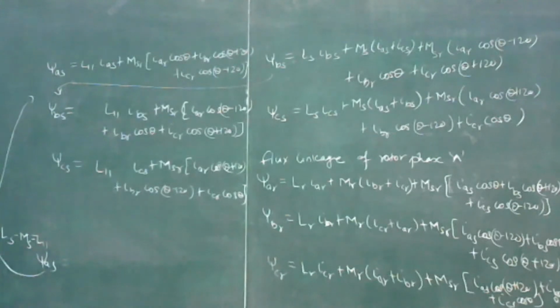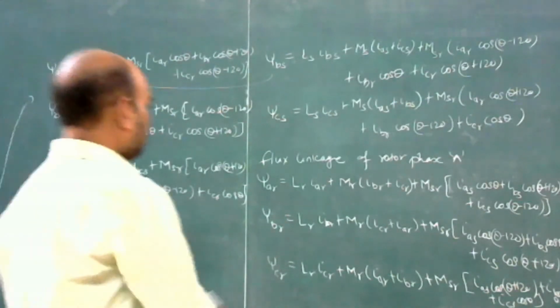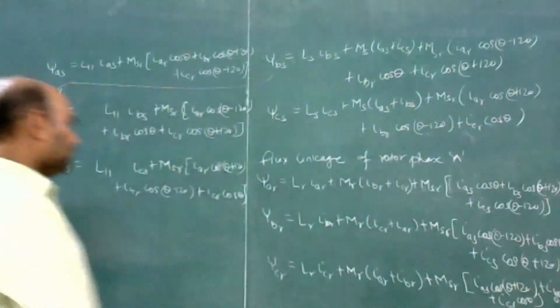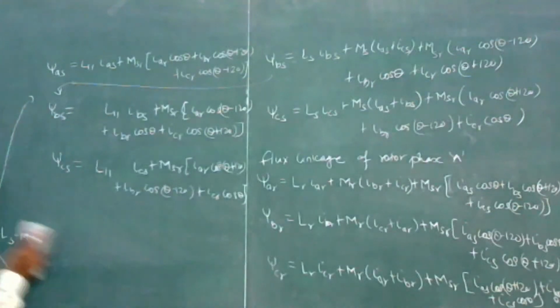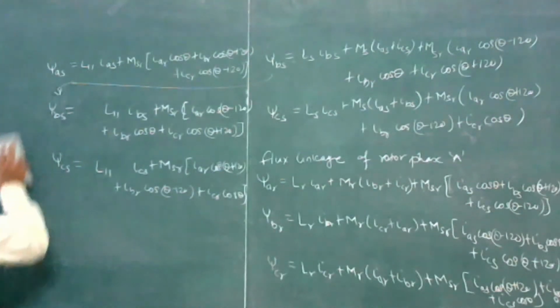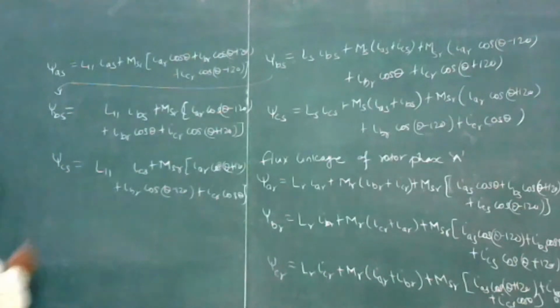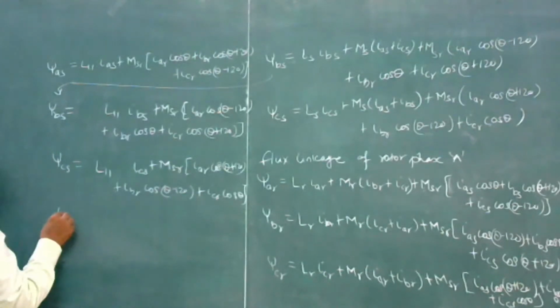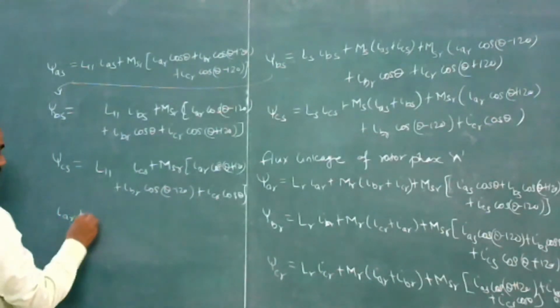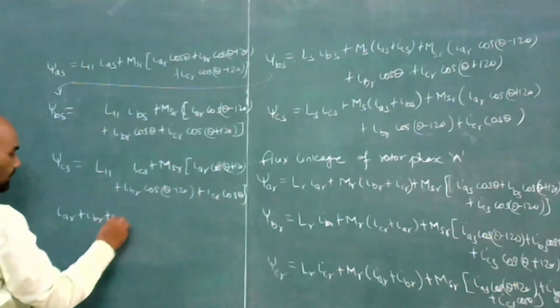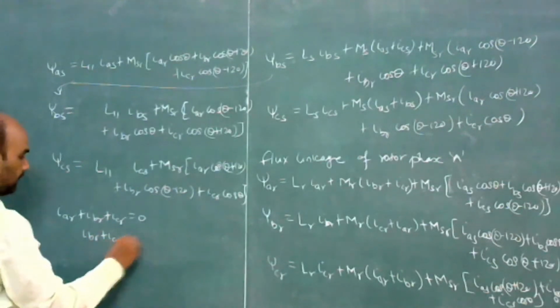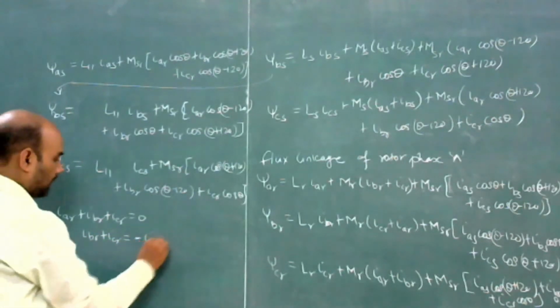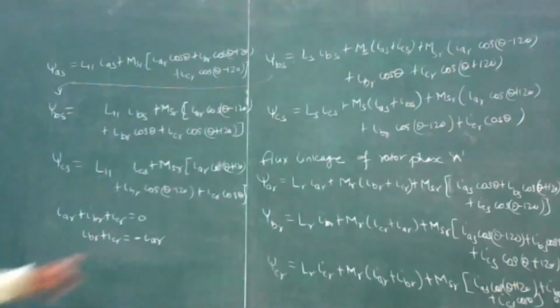Similarly, we can do it for the rotor side also. IAR plus IBR plus ICR is equal to 0. So IBR plus ICR will be equal to minus IAR.